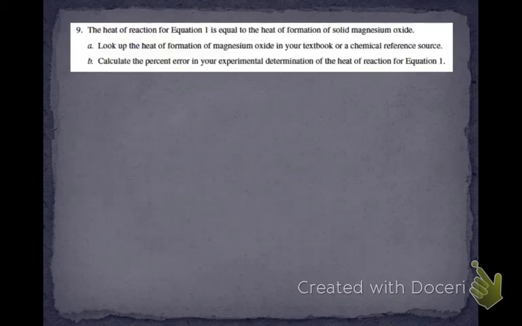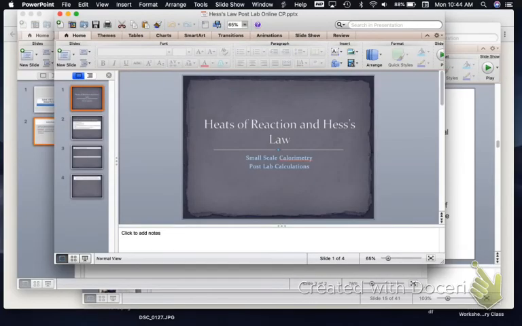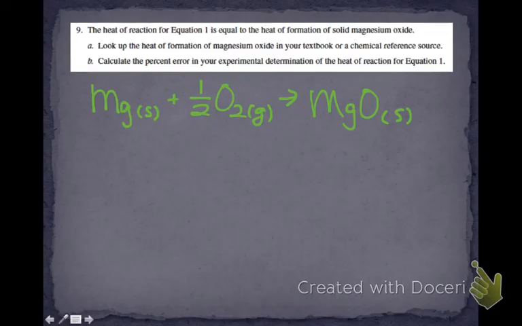So number 9, we are going to take the heat of reaction for equation 1, which is what you solved for in number 8, and you're actually going to now compare it to the heat of formation of solid magnesium oxide. Okay, sorry about that.